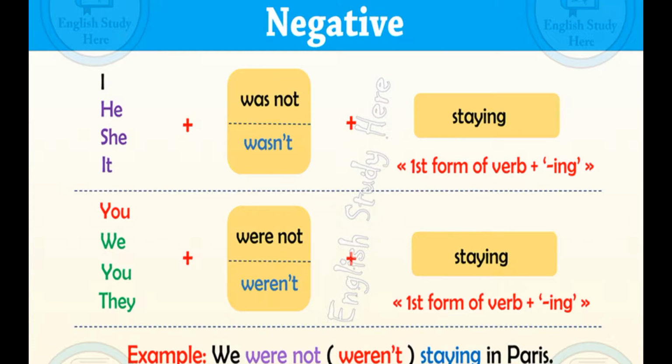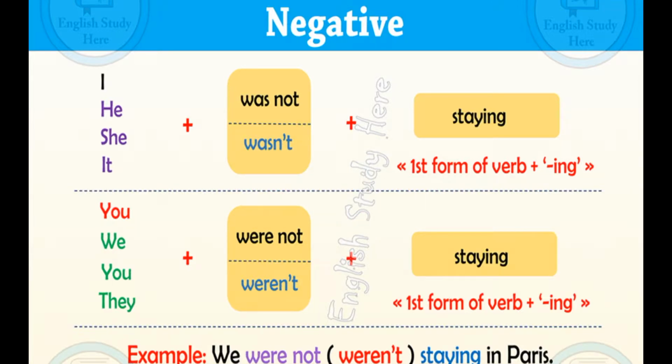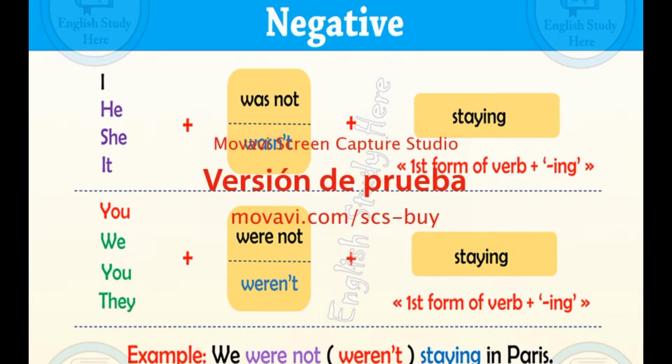And the second form, when we have the pronouns you, we, you, and they, we have to use the auxiliary were not or weren't, and the first form of the verb in -ing. For example, in negative, we were not staying in Paris, or we weren't staying in Paris.